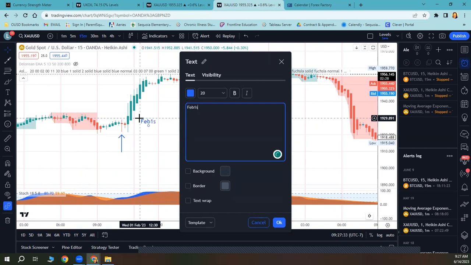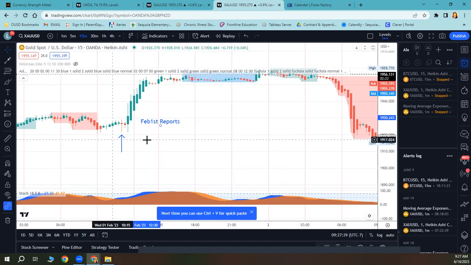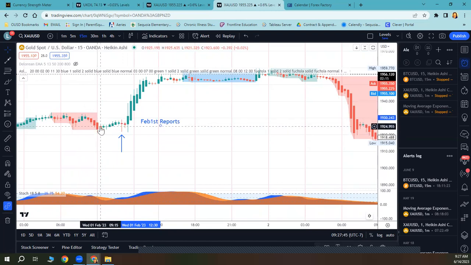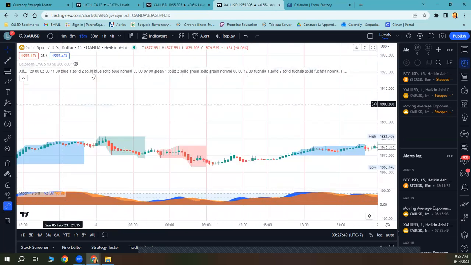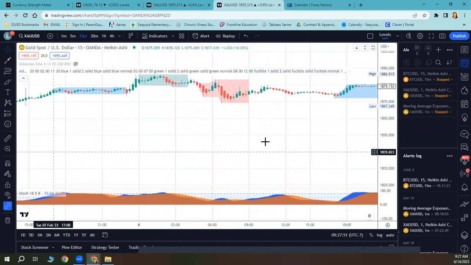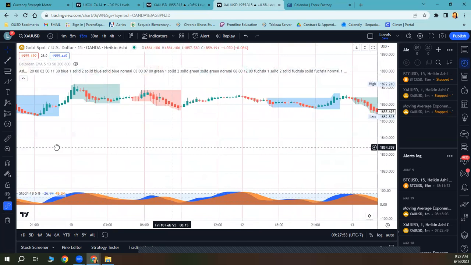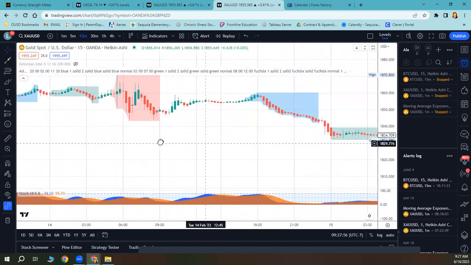Okay, reports. Okay, so I have that here. So the only thing, like, I don't like how this candle came out of here. So this looks like you're going to get wicked into a trade. So what I would do is let's go back and look at the other ones. And let's look, because you're just analyzing the pattern at the previous report. I believe it was March the 22nd.